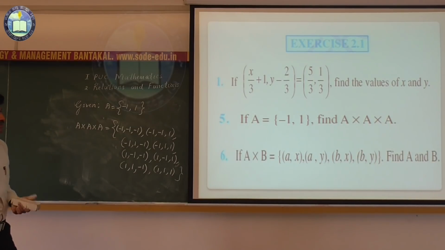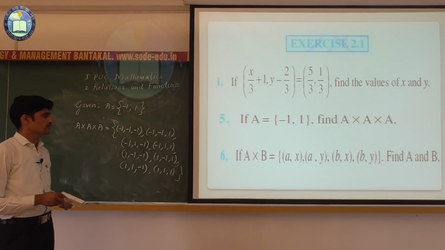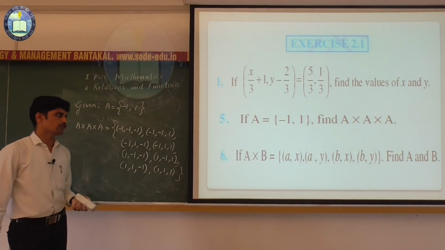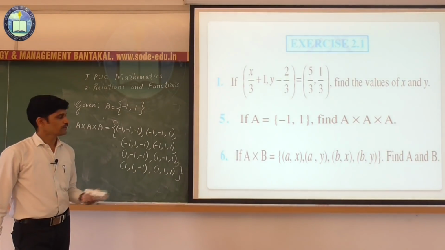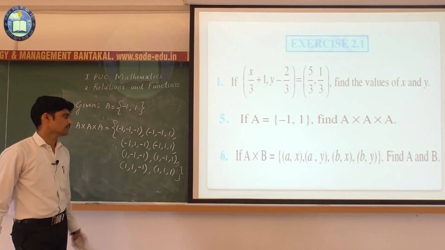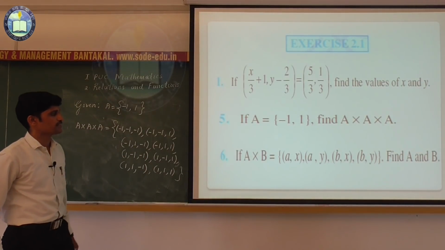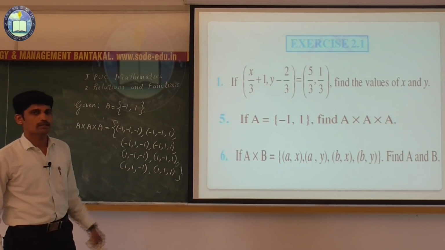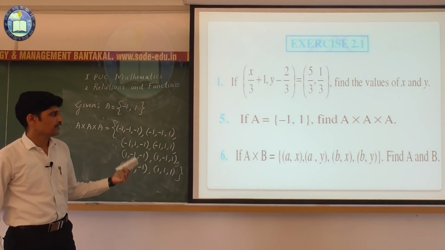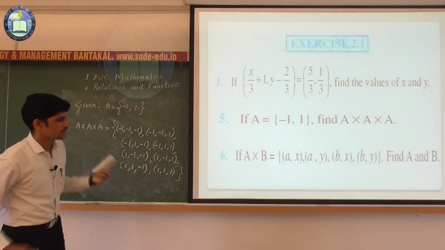Next problem is question number 6 in the exercise. If A cross B is given, we have to find set A and set B. Whenever the Cartesian product of set A and set B is given, all the first elements belong to the first set and all the second elements belong to the second set.